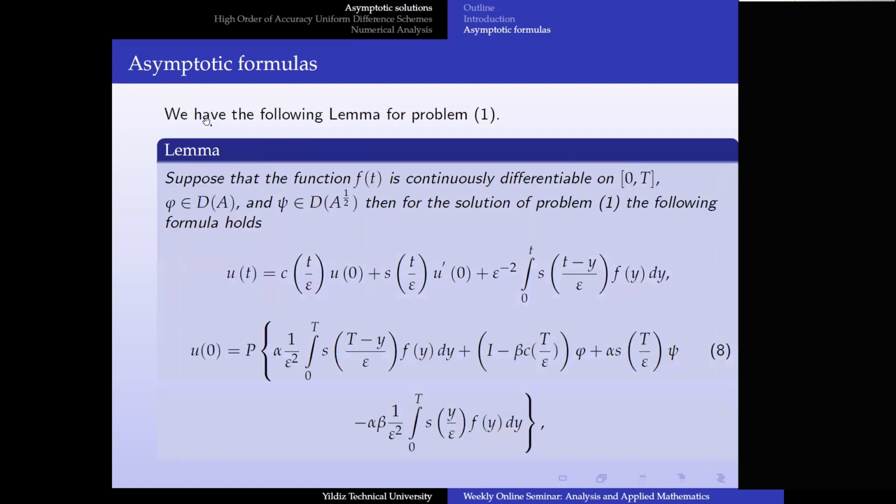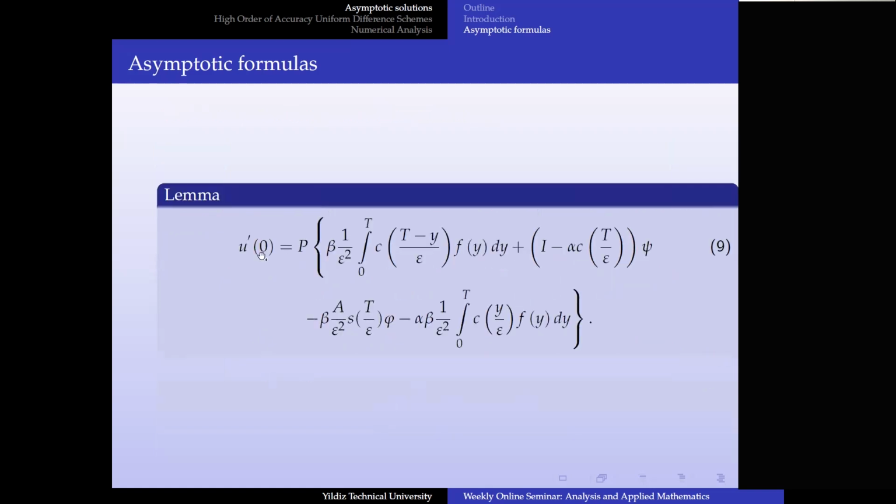So for this problem, we have the following lemma. Using the solution formula presented in 7, we can write the initial condition u of 0 with formula 8 and the other initial condition with formula 9.